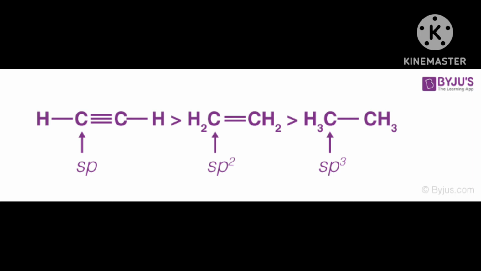Negative charge is not there, but one lone pair of electrons is there, and that is why it comes under nucleophile. Next is NH2 minus, obviously a nucleophile. These species have unshared pairs of electrons which can be donated and shared with an electrophile.